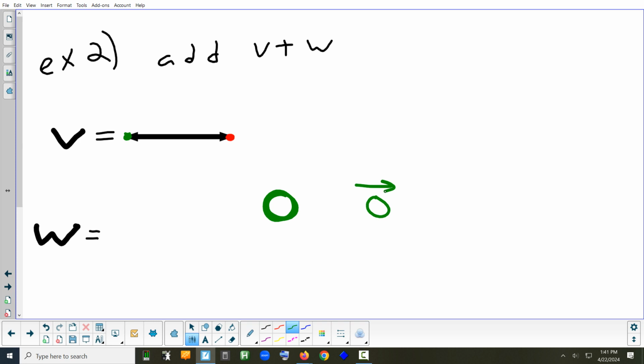So the zero vector, that's kind of a special case. It's the only vector that doesn't have magnitude, and it doesn't have a direction. So it's kind of its own special case. Any question on that?